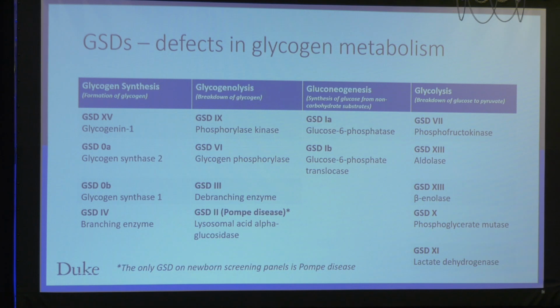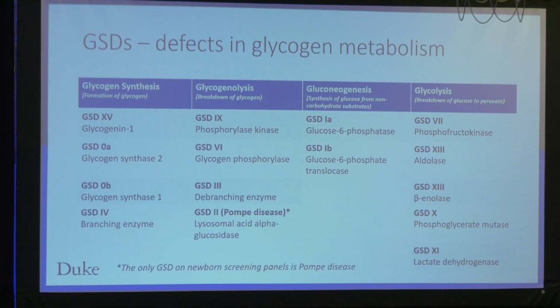The way I think about it is either it's a problem with making glycogen, or synthesis, a problem with the breakdown of glycogen, which is called glycogenolysis, a problem with the synthesis of glucose from other non-carbohydrate sources, what we call gluconeogenesis, where GSD1A falls, or what we call glycolysis, which is more in the terminal steps where you're converting glucose to another energy source, which is called pyruvate.